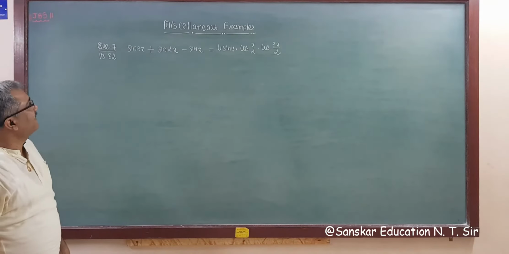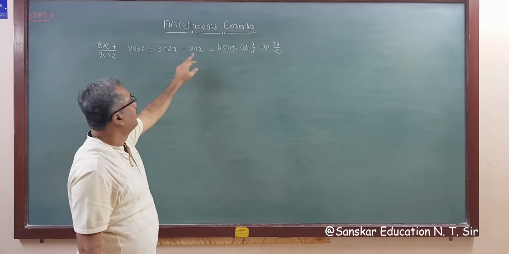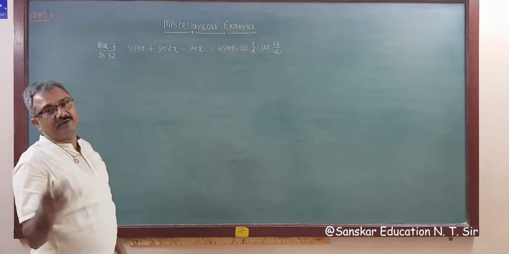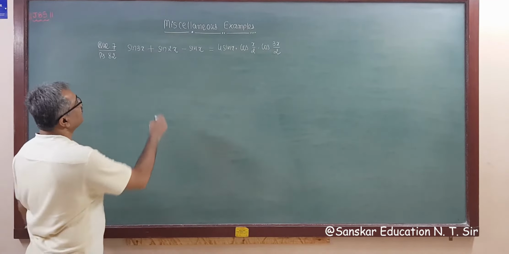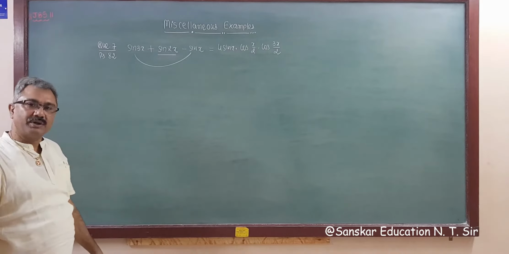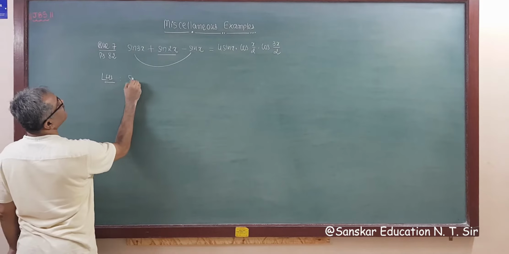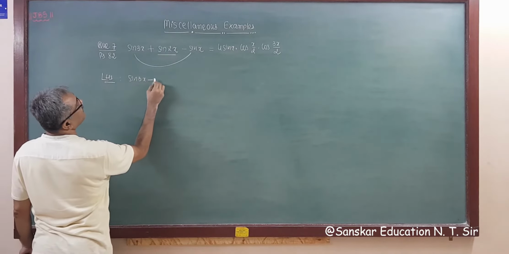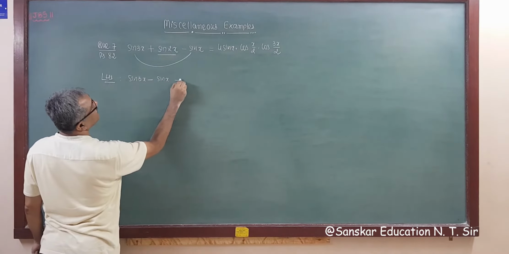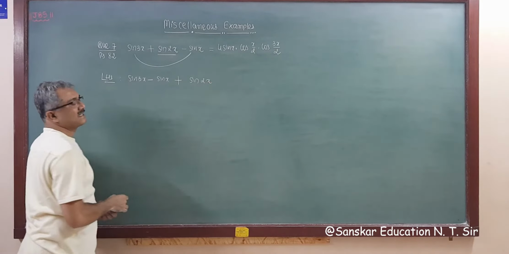So question number 7: sin 3x plus sin 2x minus sin x. Three terms are given and we have formula for two terms. But we have formula for sin 2x, so take sin 3x and sin x together. So writing the left hand side: sin 3x minus sin x plus sin 2x.